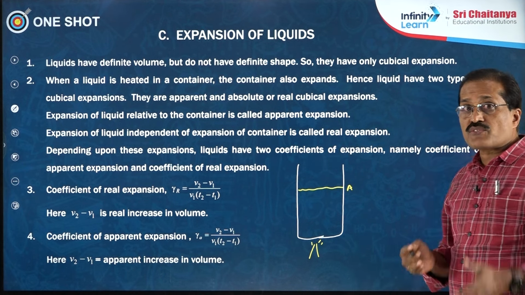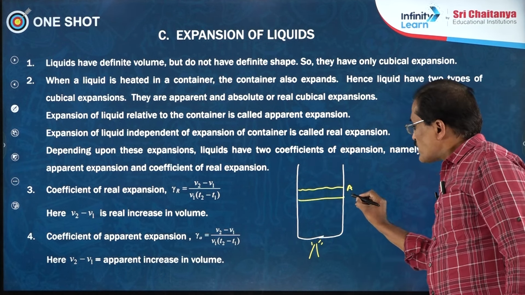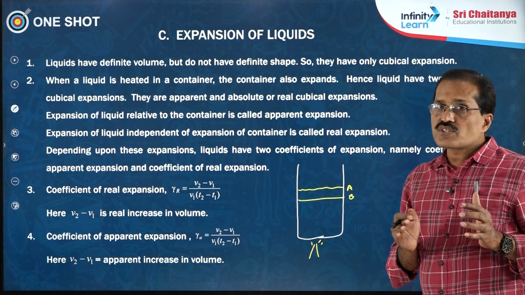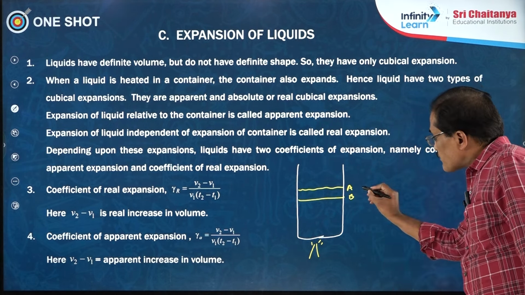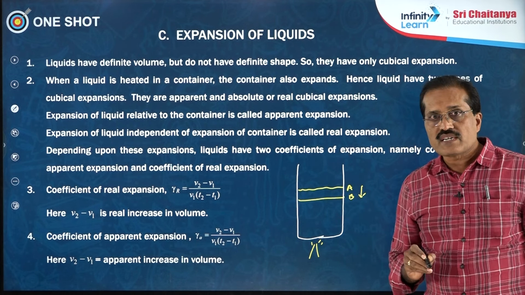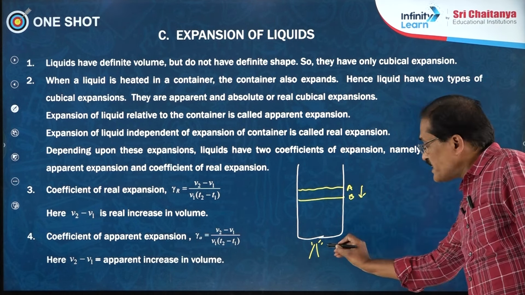Because of the expansion of the vessel, the liquid level falls to level B. We may feel that the liquid got contracted, but it is not that. The liquid level really falls from A to B because of the expansion of the vessel. The volume that comes down here is itself the volume expansion of the vessel. Still, if you supply heat energy, slowly it enters the liquid.